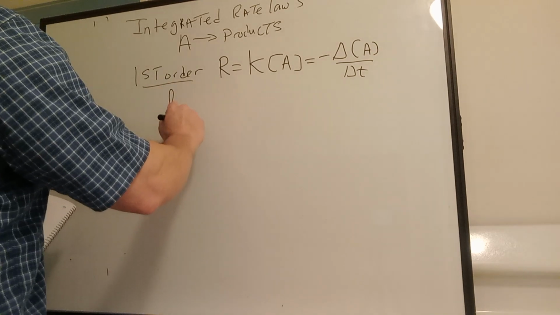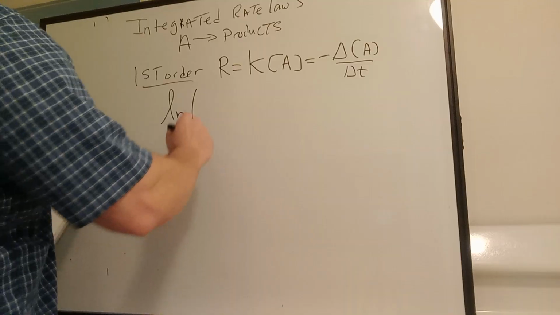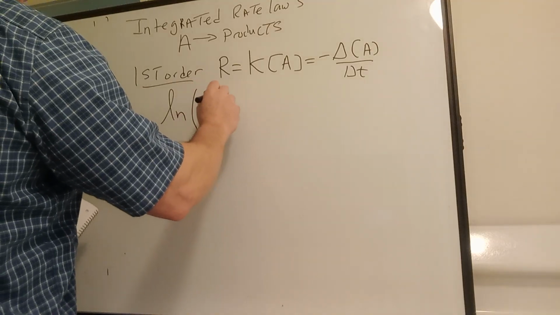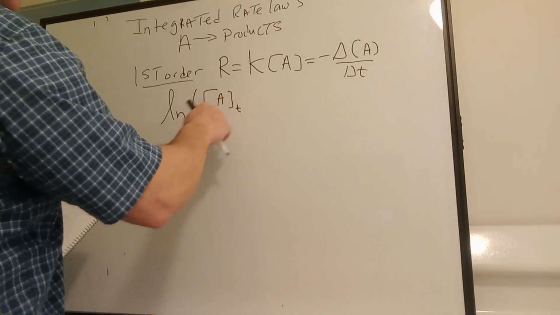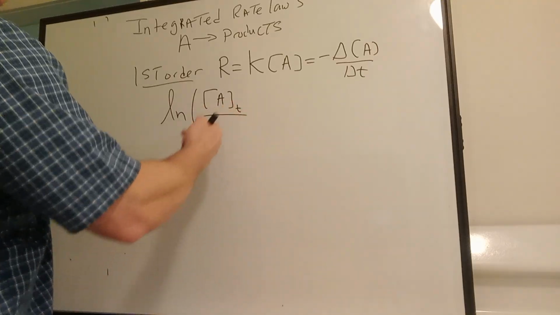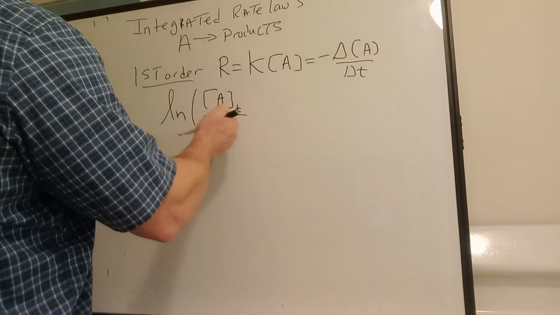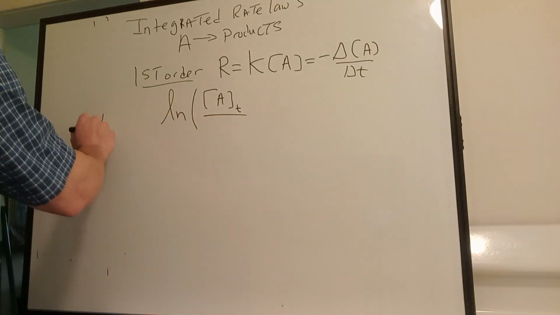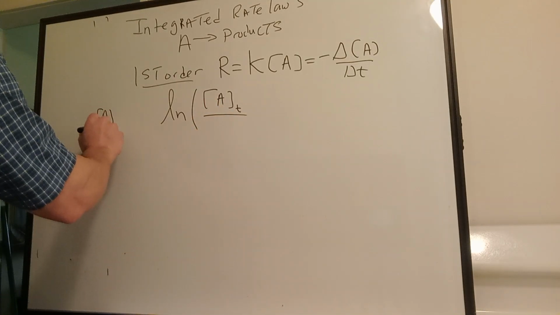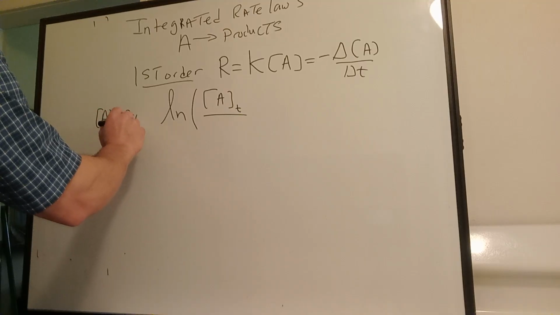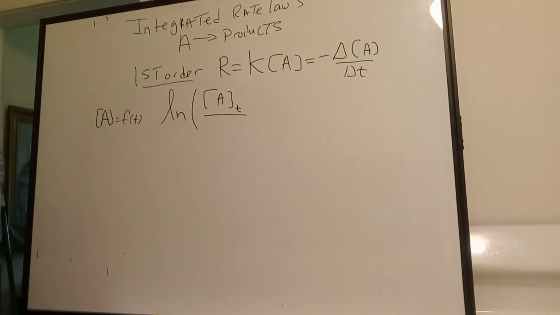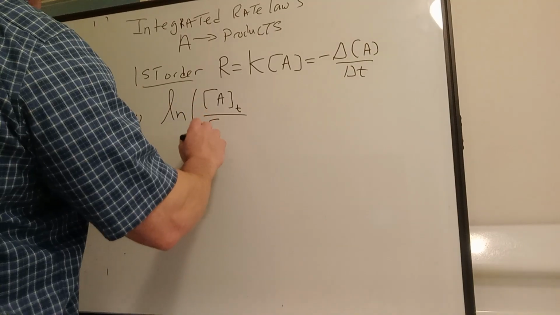This is the natural log, ln, of the concentration of A, and I'm going to put a little subscript here, t, meaning at time t, recognizing that A is a function of time. I'm just using a notation to make that clear. It's really not important.